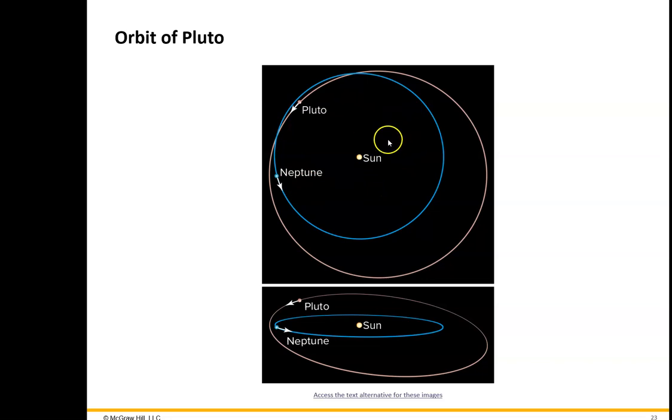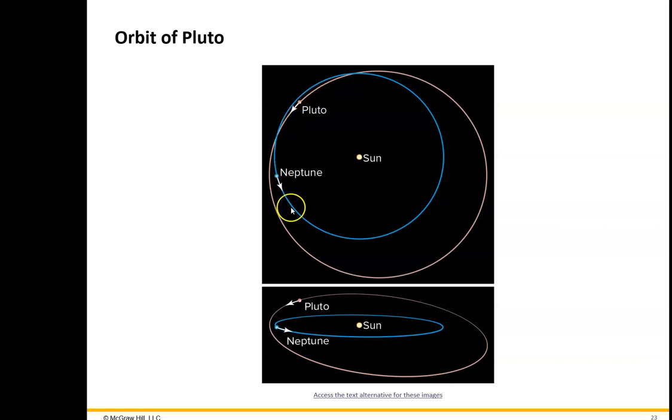right off the bat, after it was discovered and its orbit was worked out mathematically, it turns out that Pluto does cross the orbit of Neptune. There's about a 20 to 30 year period where Pluto is actually closer to the sun than Neptune is.